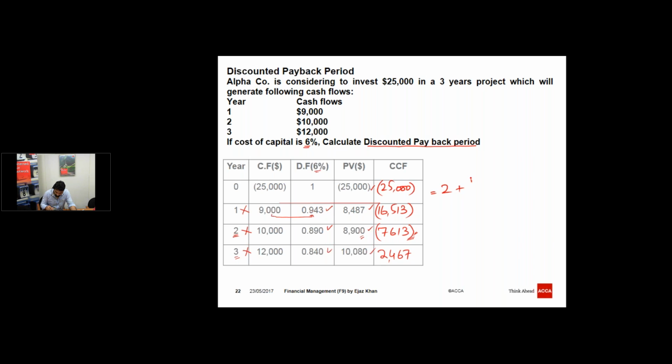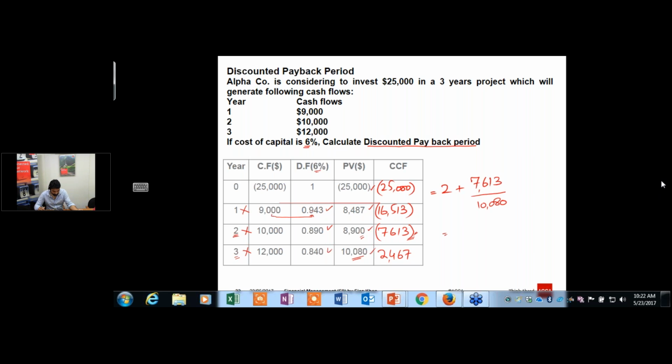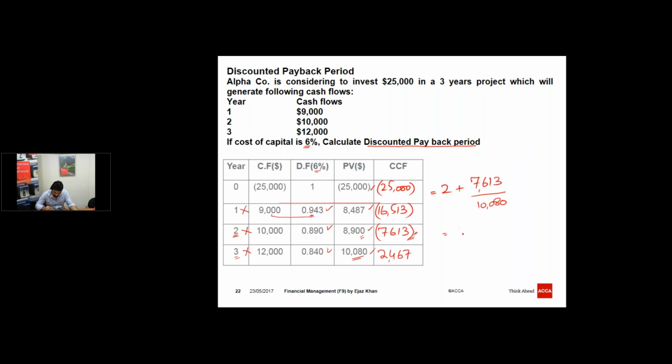So we'll write 7,613, the amount that we are going to cover in year 3, divided by the whole present value of cash flows of year 3, 10,080. What will be the answer? Can anybody tell me in fractions? It's 2.76 years. Thank you.